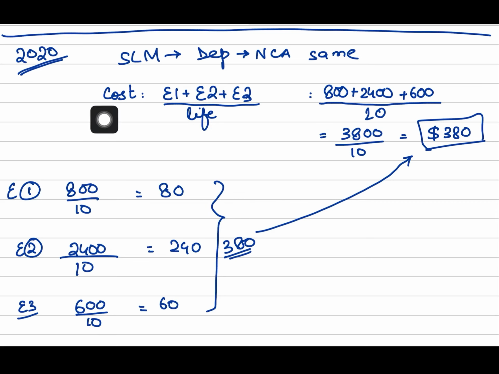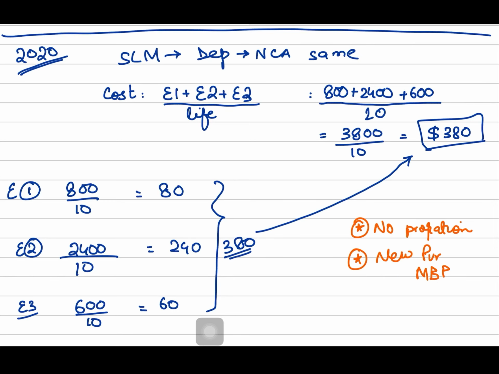But again, why have I followed this shortcut and not the long calculation? First of all, there was no proration in this year. Secondly, if there had been a new purchase of equipment, I would have to charge depreciation on that asset separately according to the number of months, because we were following the monthly basis policy.